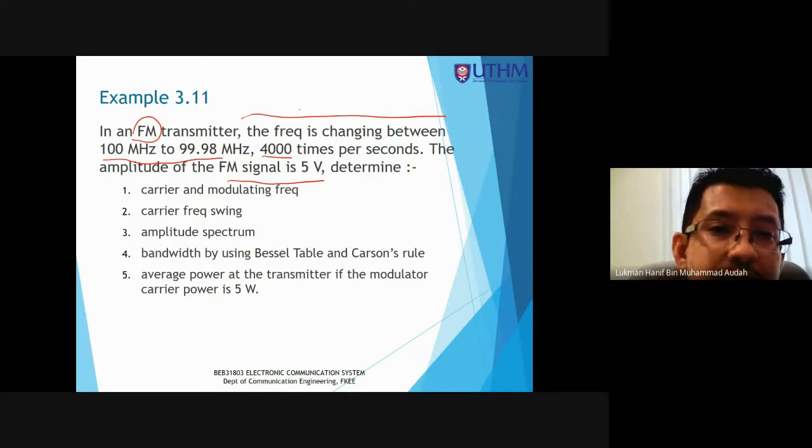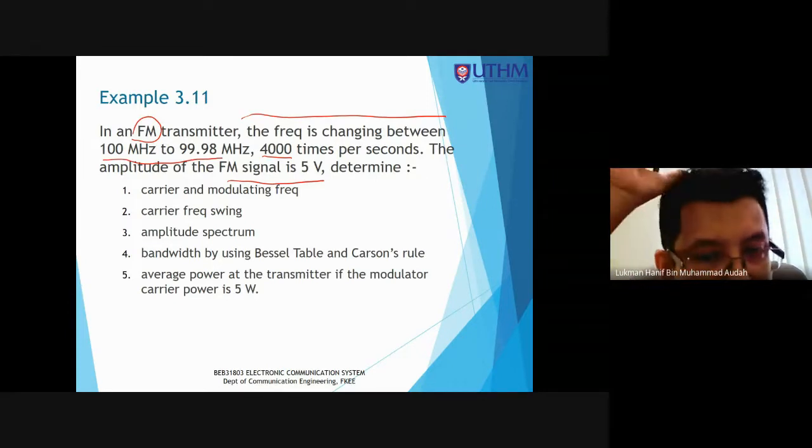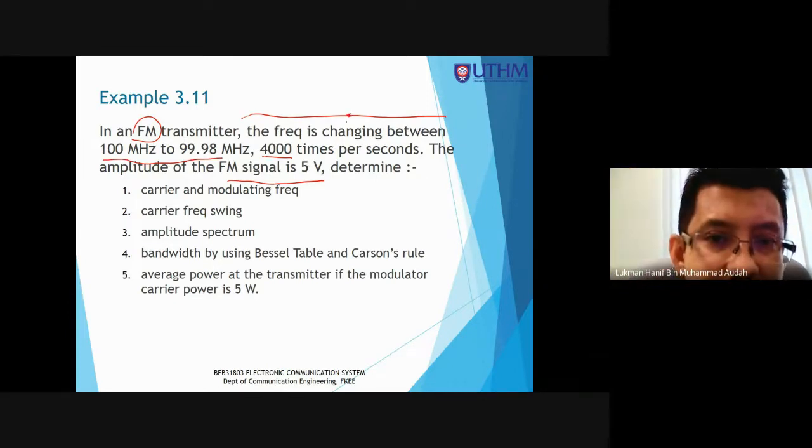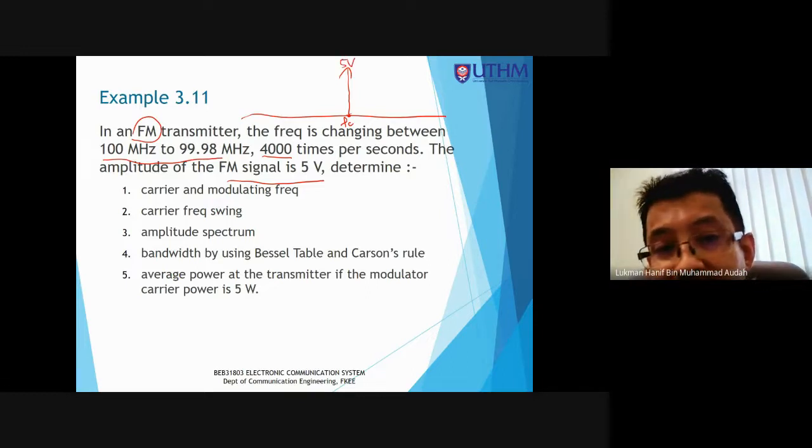So the question says that we have this FC. This FM signal has 5 volts, which is actually referring to VC.